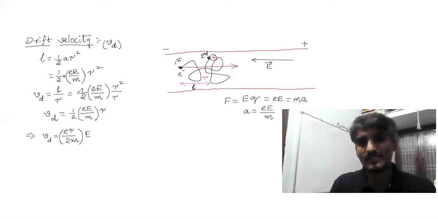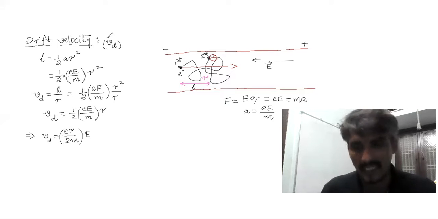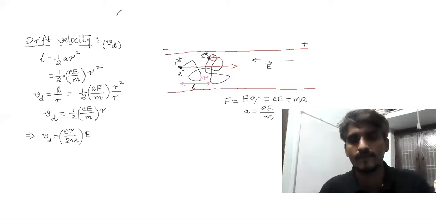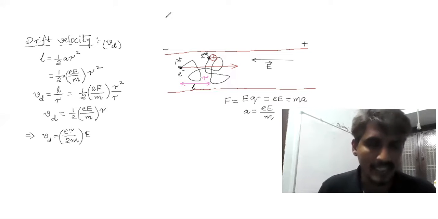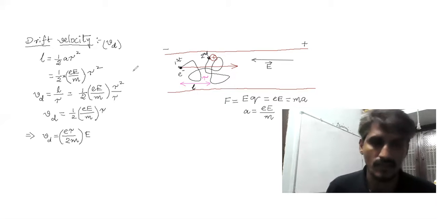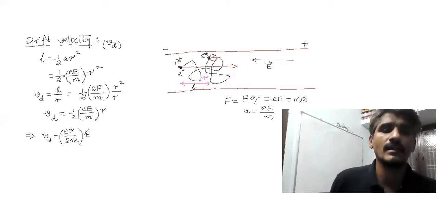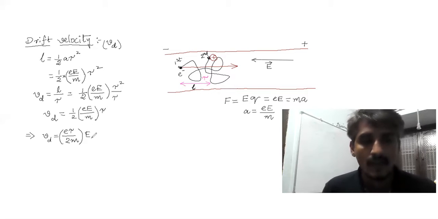It is the charge of the electron, 1.6 into 10 power minus 19 coulombs. And tau is the relaxation time, also constant for a particular conductor. 2 and m, the mass of the electron, are also constant. So the total term E tau by 2m is completely constant. That's why we are writing it here.